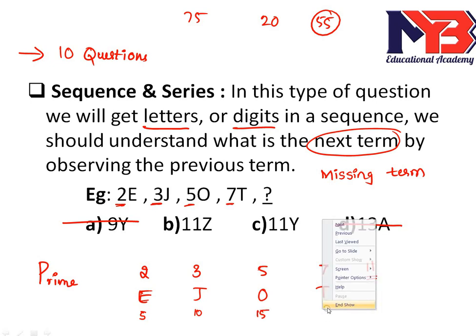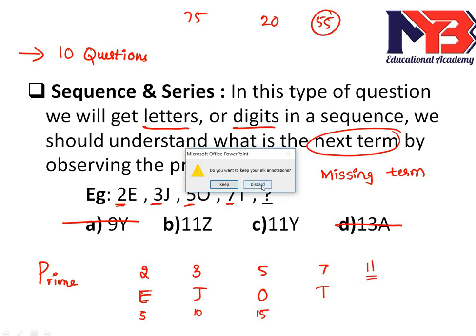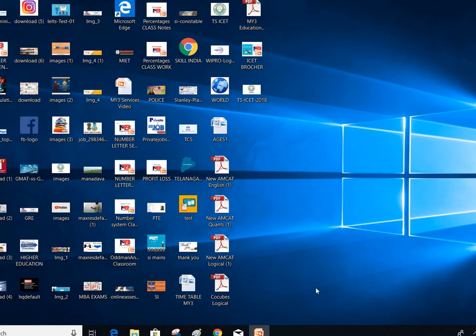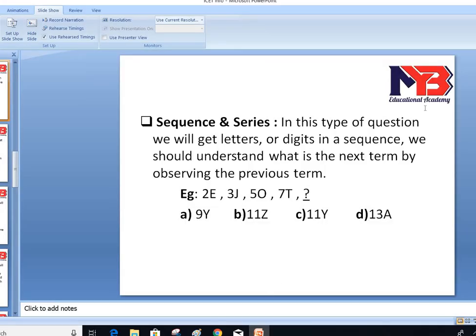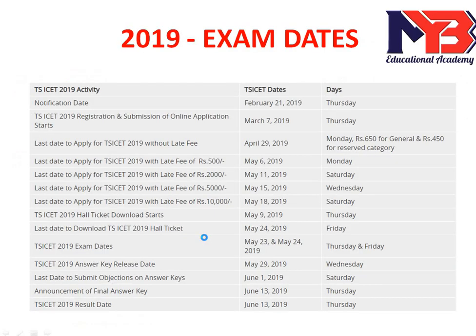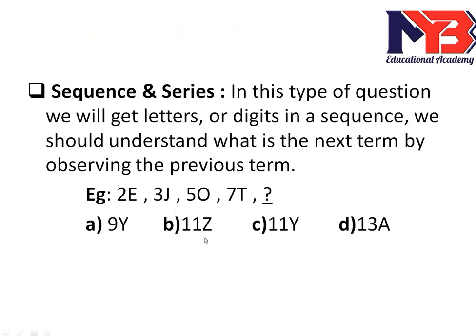The position of alphabet T is 20. So I just realized that this is 5, this is 10, this is 15 and this is 20.